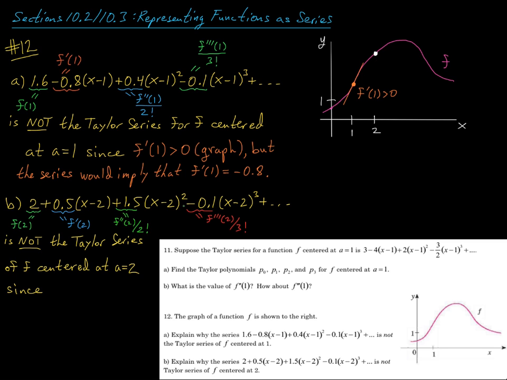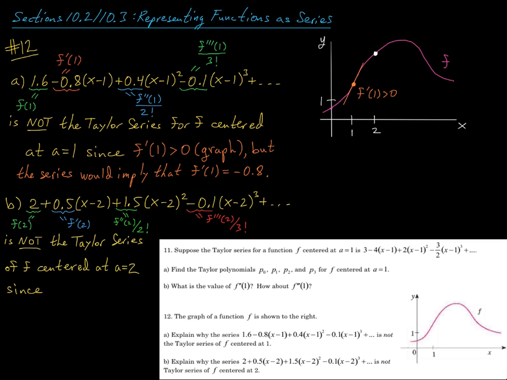And if this were the Taylor series of f centered at a equals 2, just like we saw in part A, this 2 would have to equal f of 2. This 0.5 would have to be f prime of 2. This 1.5 would have to be f double prime of 2 over 2 factorial. Then this negative 0.1 would have to be f triple prime of 2 over 3 factorial, so on and so forth.